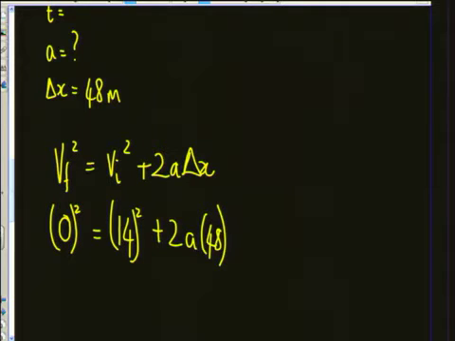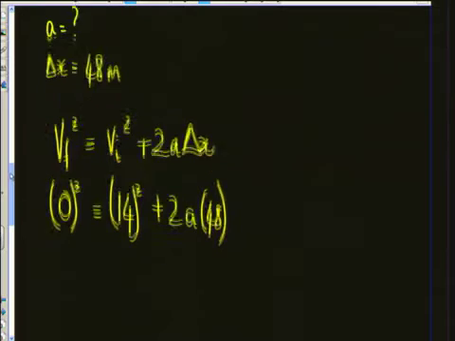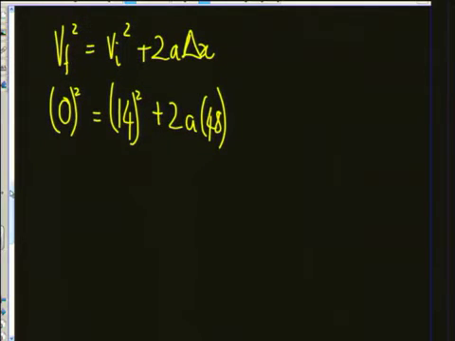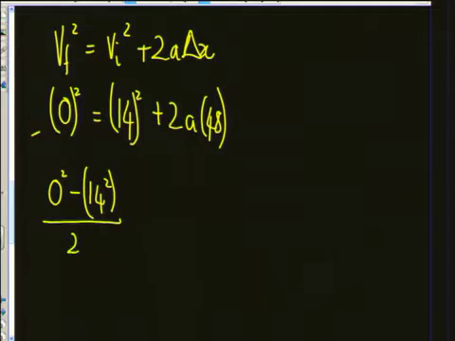Notice I've substituted with little brackets indicating those values, and then I can rearrange it. Now, you could square them first, and maybe that's a good idea, but to show you the rearranging while we've got all those numbers, it's going to be 0 squared minus 14 squared, let's just keep the brackets, divided by 2 times 48, is equal to a.